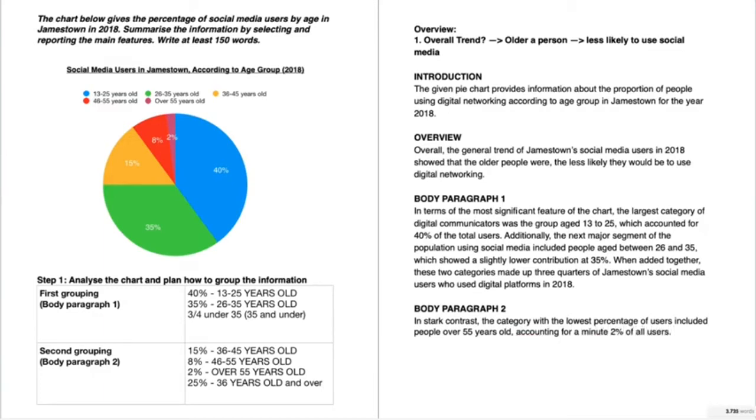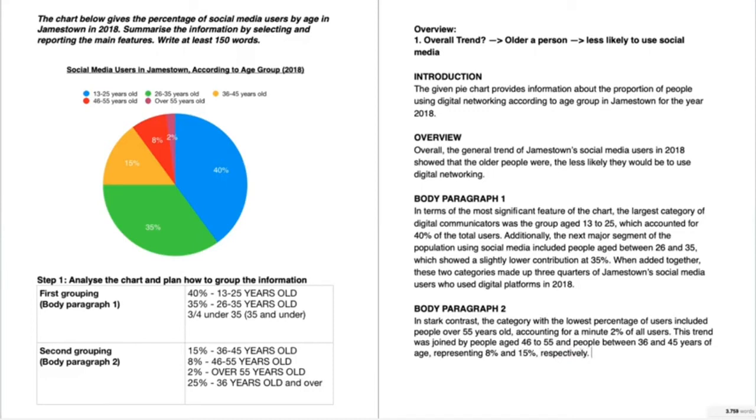So I want to immediately call attention to the 2%, and now I'm going to work my way back from there. This trend was joined by people aged 46 to 55 and people between 36 and 45 years of age, representing 8% and 15% respectively.